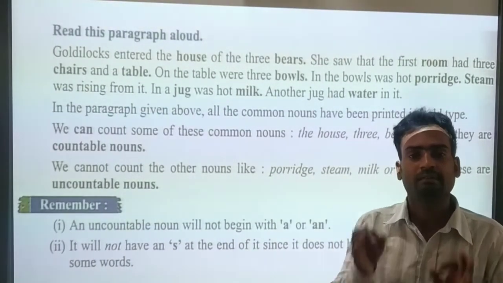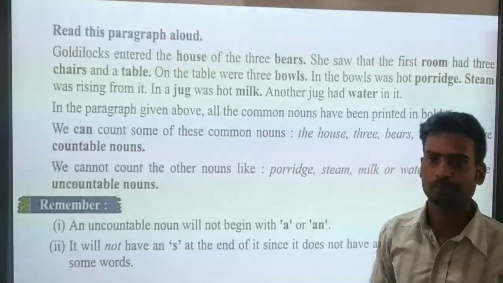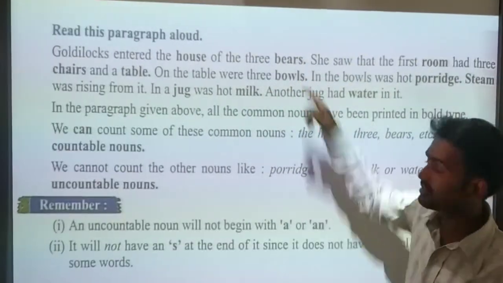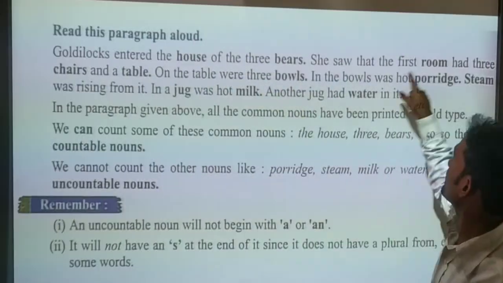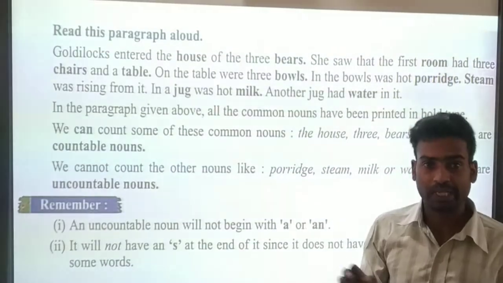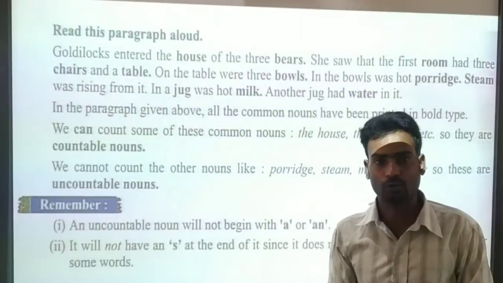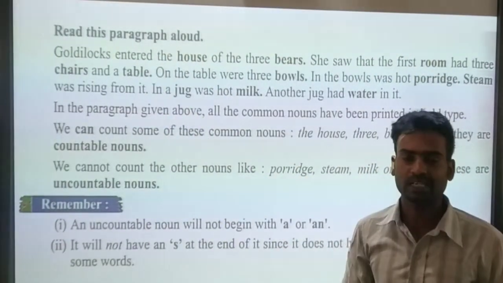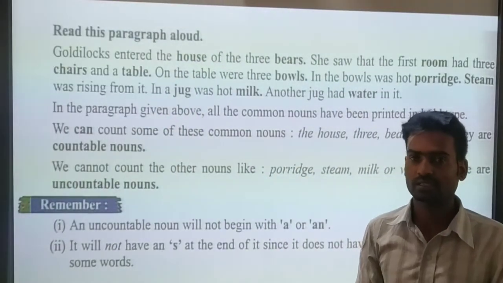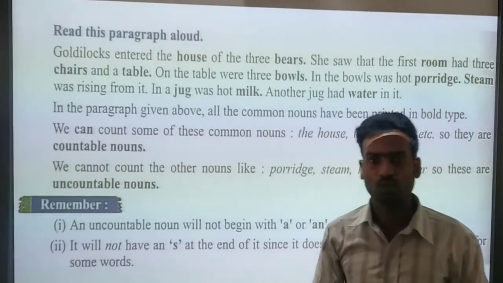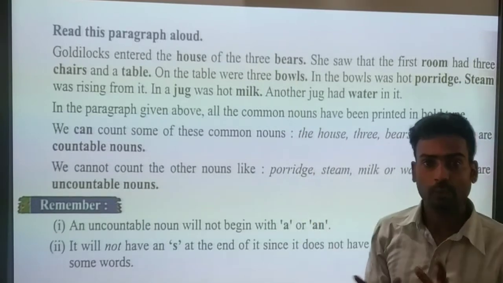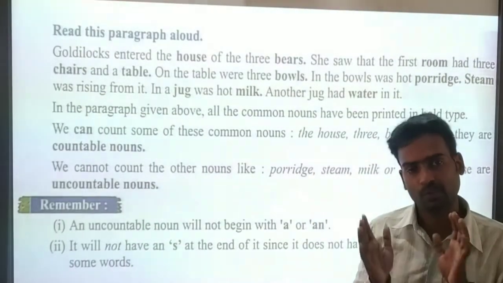Dear children, remember clearly. House, we can count. Bears, we can count. Room, we can count how many rooms we have in our house. Chairs, yes, we can count. Same way, table, we can count. 3 bowls, we can count how many bowls we have.